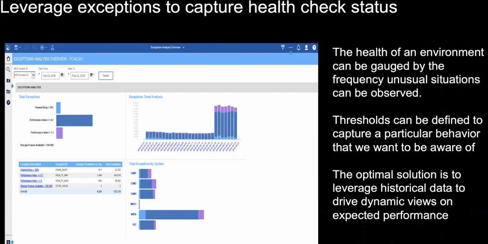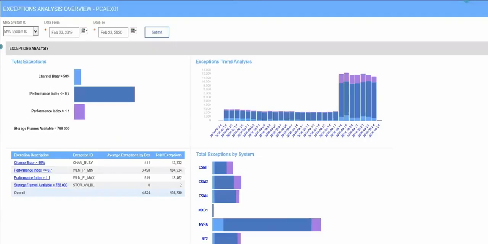So let's take a closer look into a particular example here. Here we're just showing an exception analysis overview, and what we want to see is what things are changing over time. What I find more interesting when I look at these reports is not so much the total number of exceptions, but really when they occurred and if they're changing over time.